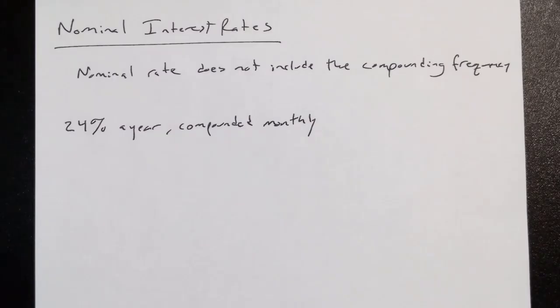What are we actually earning? Wait a minute. 24% a year compounded monthly should be 2% a month, right? I think 24 over 12, right?